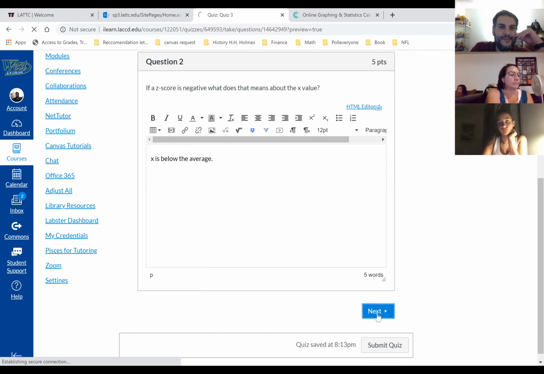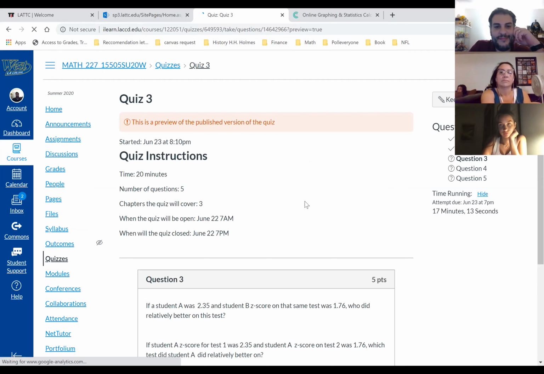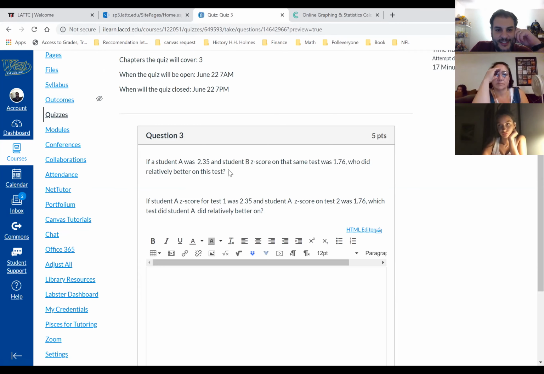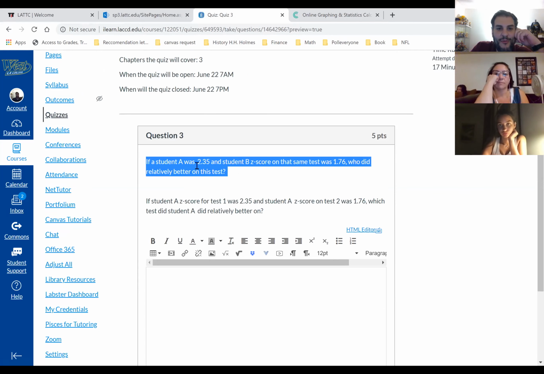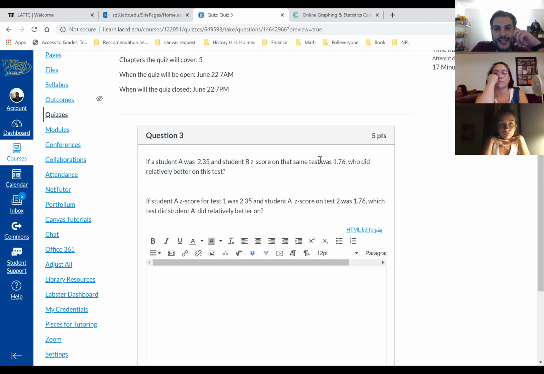All right, let's do question number 3. It says, if student A had a z-score of 2.35 and student B's z-score on the same test was 1.76, who did relatively better on this test? For this one, it will be student A, since 2.35 is bigger than 1.76.